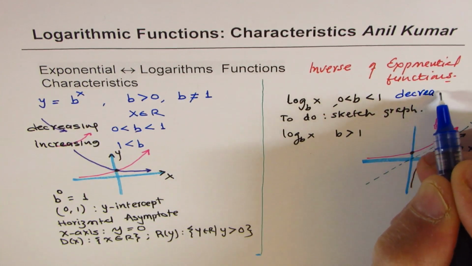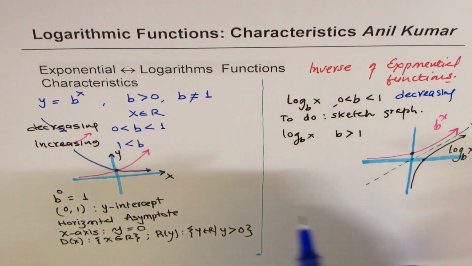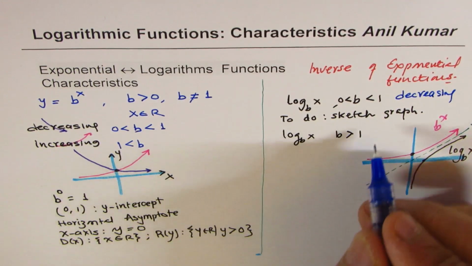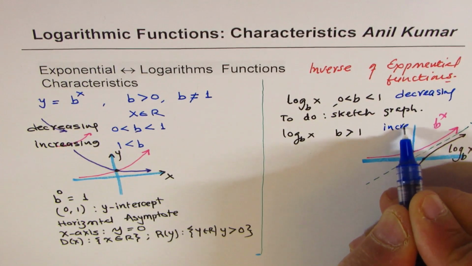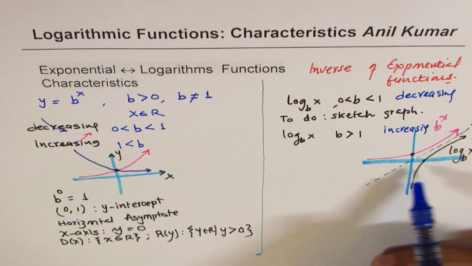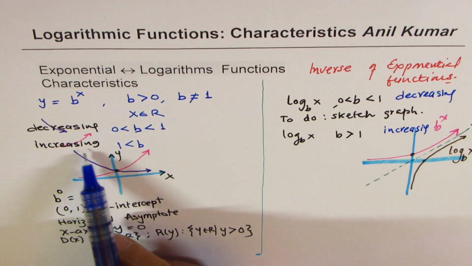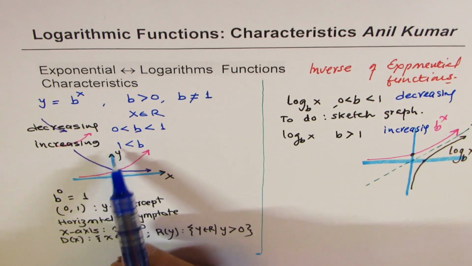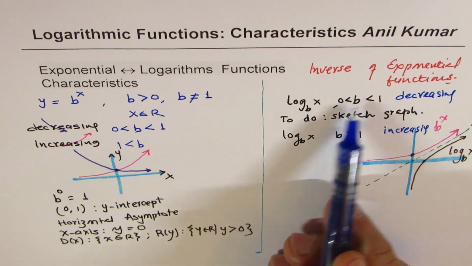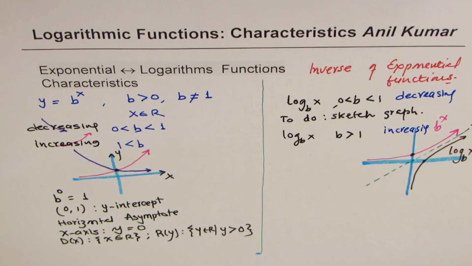Don't confuse it with reciprocal. When b is greater than 1, it is always increasing. So the logarithmic function is always increasing if b is greater than 1, just as the exponential function is, and it is always decreasing if b is between 0 and 1, just as the exponential function is. Very important to understand.